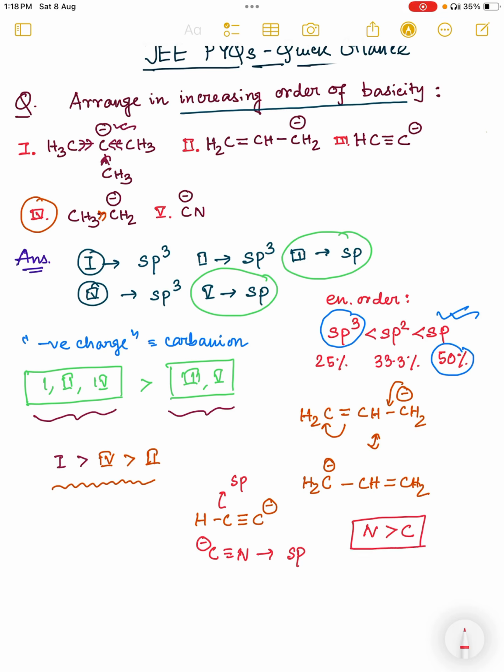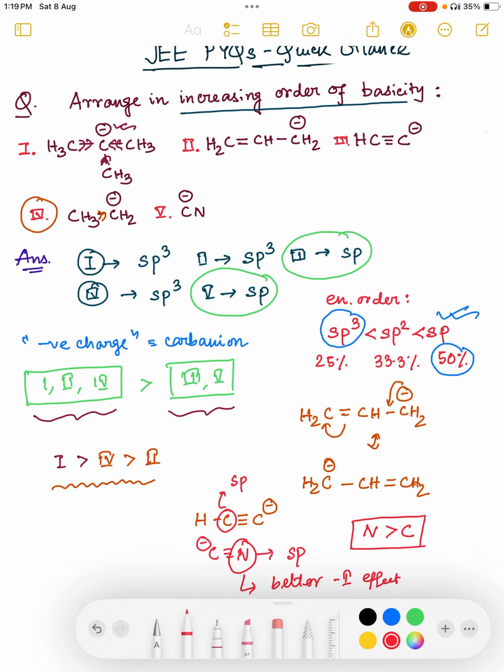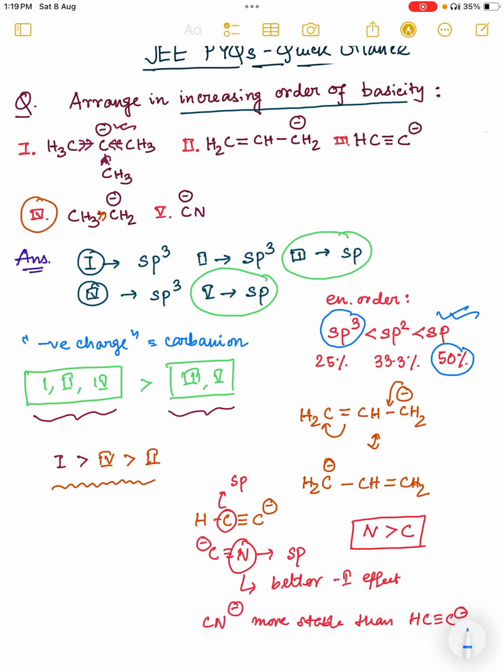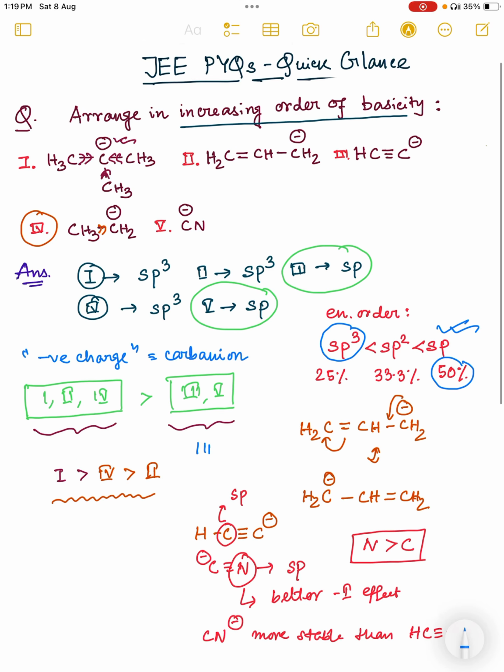So this nitrogen pulls a better minus I effect in comparison to this carbon, and that's why CN minus is much more stable than HC triple bond C minus, which is the acetylide anion. So acetylide will be much more basic in nature. So between 3 and 5, 3 is more basic than 5.